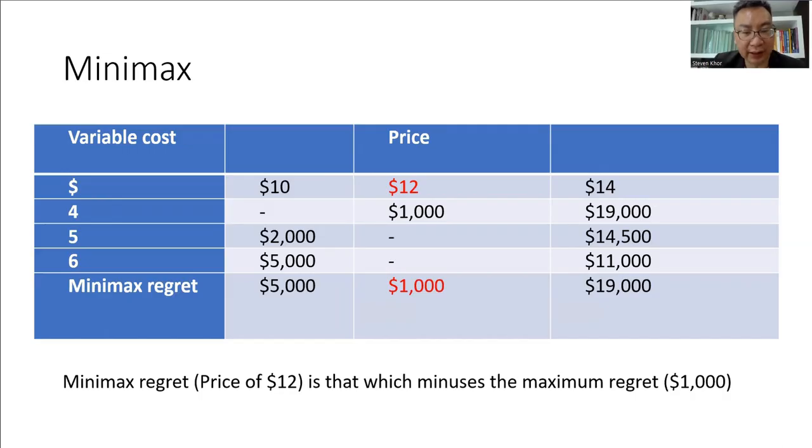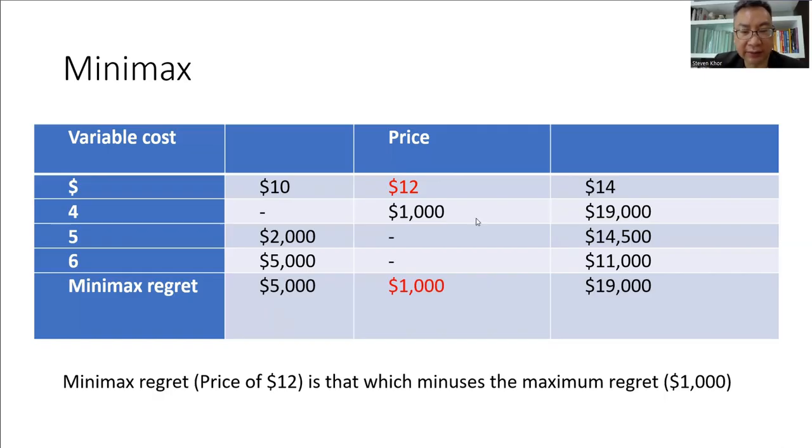All right, so in this case, if you are setting the price at 10, then with the variable cost of 4, you don't get any regret here. Then with variable cost of 5, you regret 2, and then with the 6 variable cost, your total regret is 5,000. So the maximum of the regret or opportunity cost is 5,000 if you set at this $10 per unit.